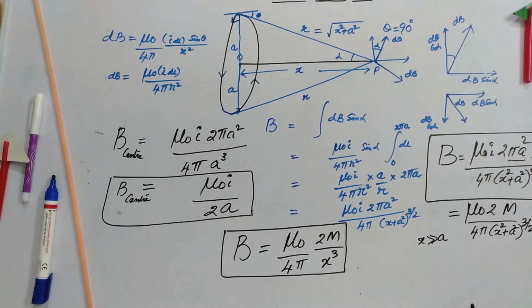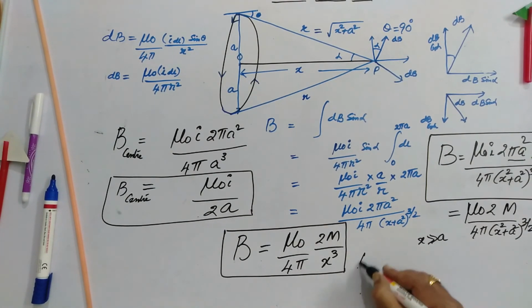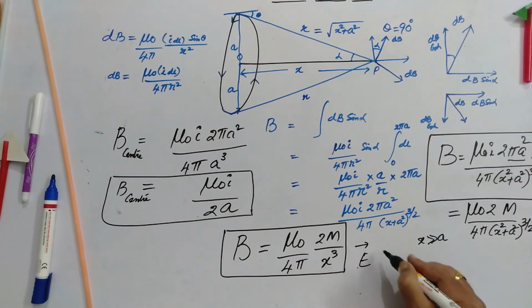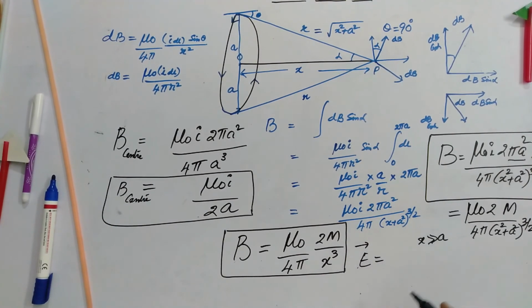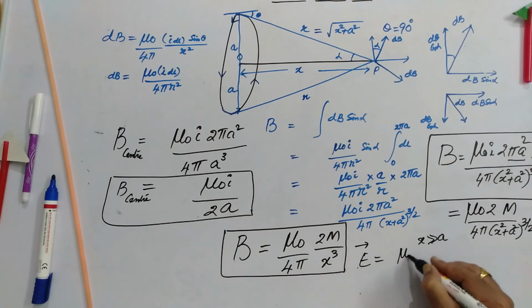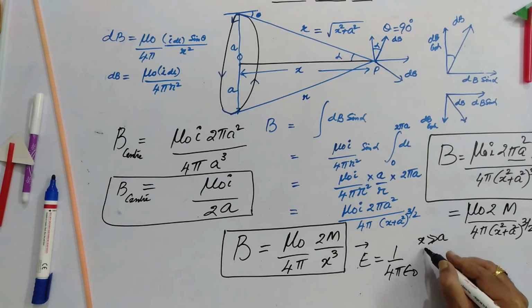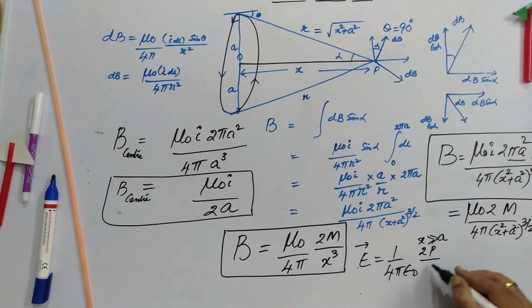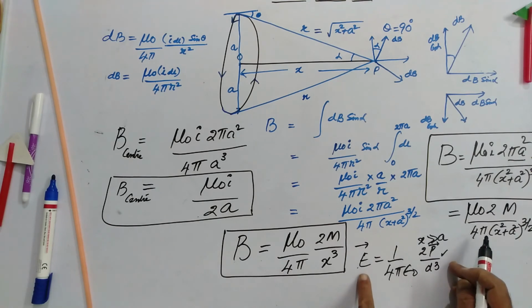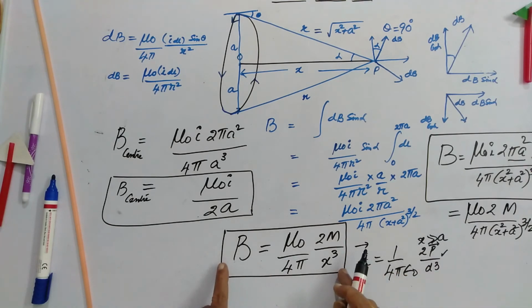We have calculated the electric field at a point on the axial line due to a short dipole as 1 by 4 pi epsilon naught times 2p by d cube. So these two results are similar. So you can consider that a bar magnet is just similar to a dipole.